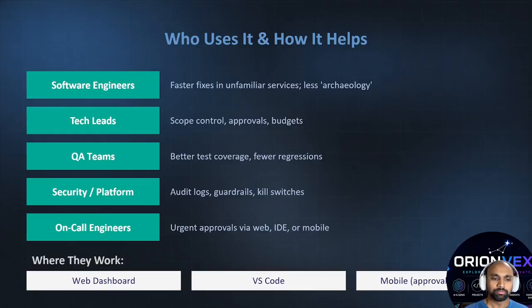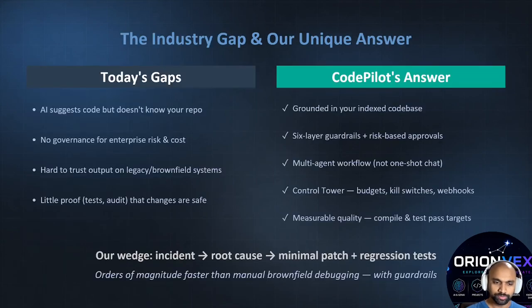For the QA team, it will provide better test coverage and fewer regressions. Security and platform teams can analyze the audit log, guardrails, and kill switch. And on-call engineers get urgent approvals on web, IDE, or mobile. Where do they work? You can use this application on the web, VS Code, or mobile approvals.